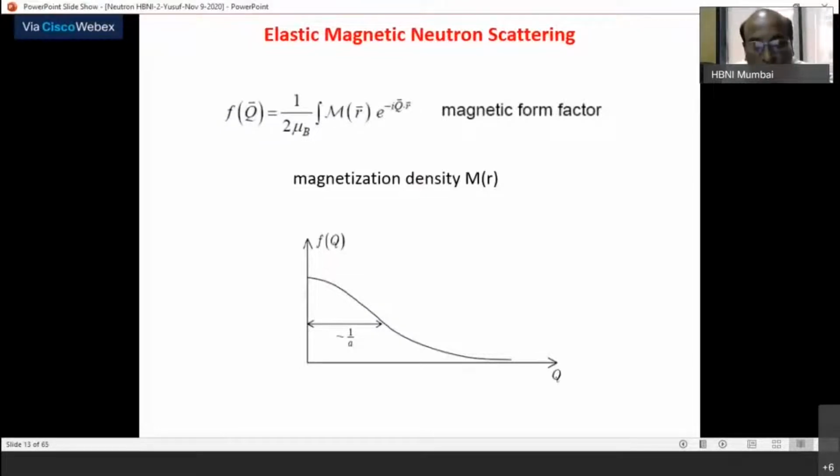Corresponding to that, in the magnetic case, you get a form factor only arising due to unpaired electrons, that means the orbital where there is a non-zero magnetic moment. So the real space magnetization density distribution, the Fourier transformation of that, gives you the f of q in the case of magnetic neutron scattering.